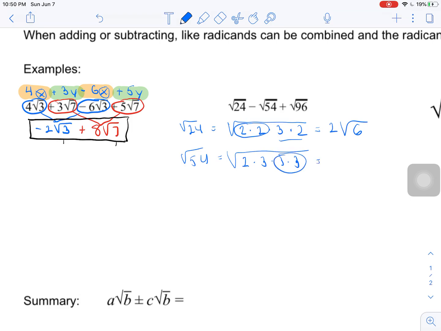So I can pull out a perfect square there, and then those leftovers stay, so I end up with 3 times the square root of 6. And we can see that we already have some radicands that are the same, so when we come back to this, we can put those back together. But now we've got our third one, the square root of 96. So we have 3 different things in here. Let's go through and simplify each of those so that we have the full picture of what we can put together.